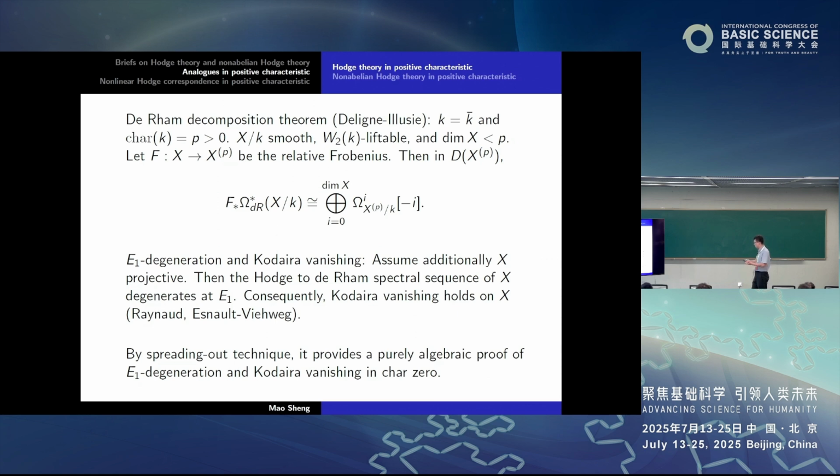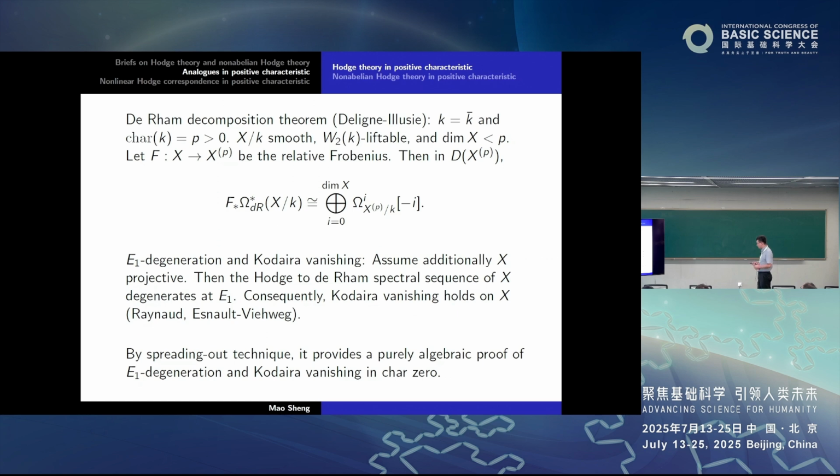I mean, in the derived category, it is really decomposed into a direct sum of single complexes, omega^i shifted by minus i. Without this lifting condition, you have isomorphisms on the cohomology sheaves of the pushforward. This is the Cartier theorem. But when you have the liftability, then they show that the complex actually decomposes.